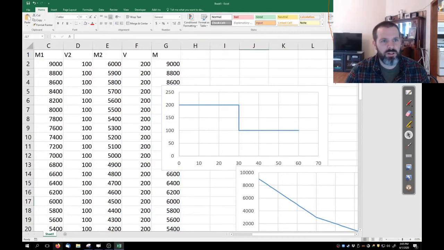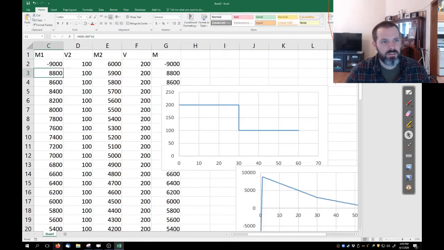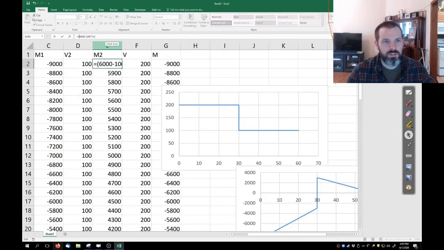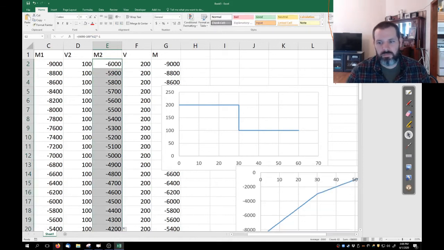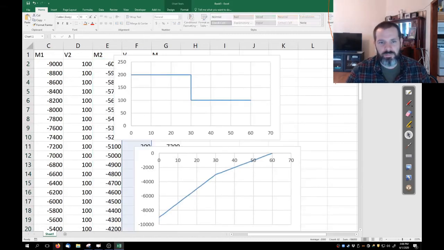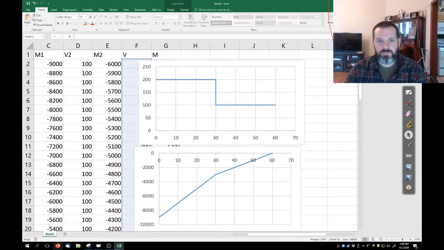We can do that simply by going in here, multiplying by -1. This needs by -1. And there we have the proper moment diagram.